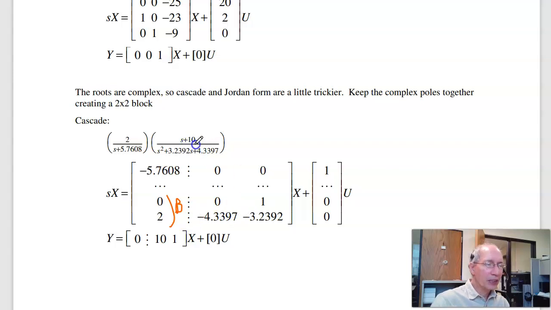And then my output is S plus 10. So that's your C matrix in controller form for this guy. And there's an infinite number of other solutions. Basically, there's an infinite number of ways to represent a system in state space. They're all equivalent. They're all perfectly valid.